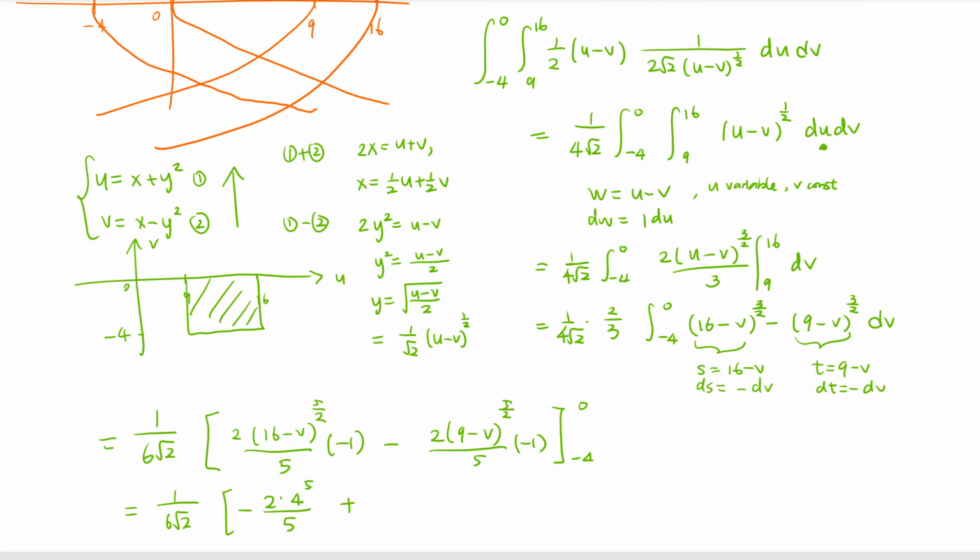Next, we have minus become plus, and then we plug in minus 4. 9 minus negative 4 is like 9 plus 4, 13. 13 to the 5/2 over 5. So far so good, everybody?